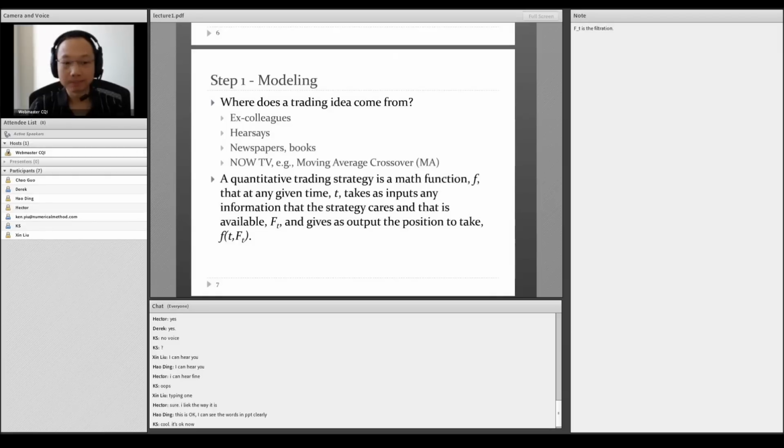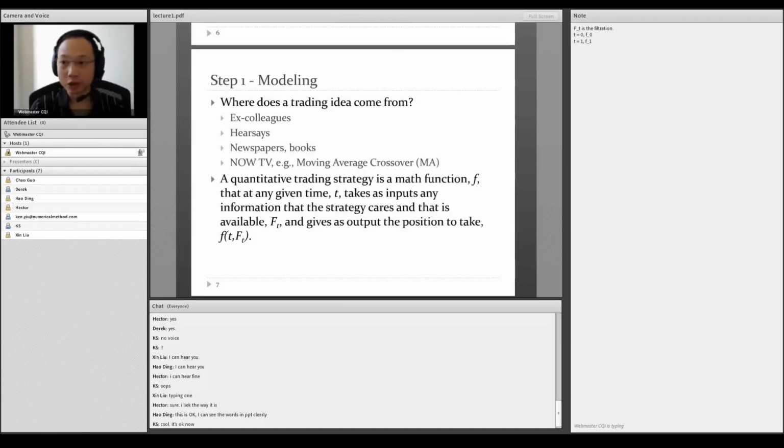And the mathematical function, the trading strategy, outputs the position to take. So let's say at time 0, I have f_0 position. At time t1, I have f_1 position.